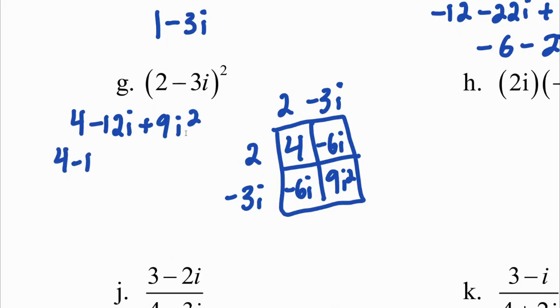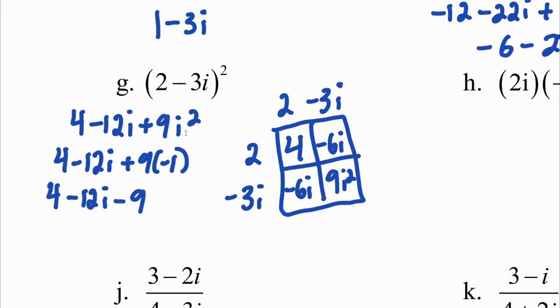Again, we should hopefully be seeing kind of patterns happening here, because again, I can turn that 9i squared into 9 times a negative 1. So it's going to be 4 minus 12i minus 9. So my answer will become negative 5 minus 12i.